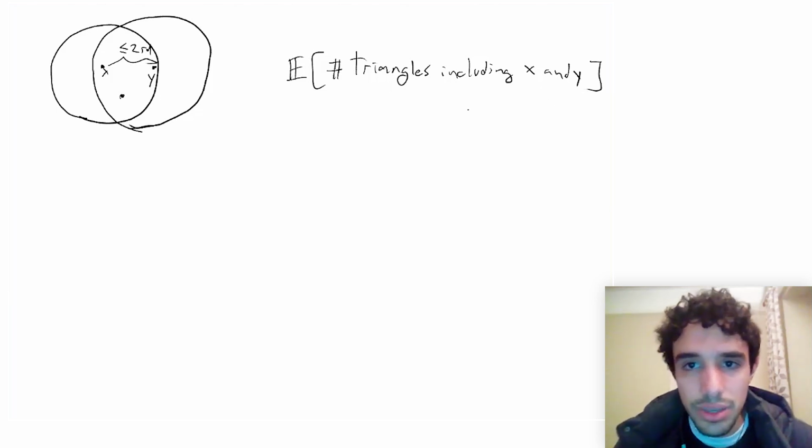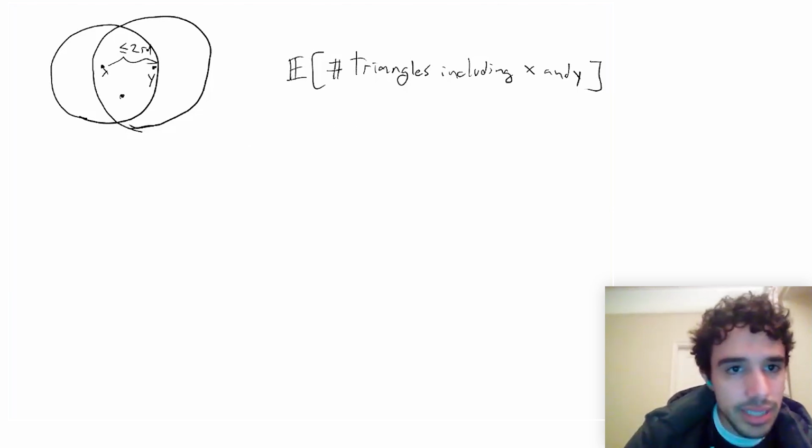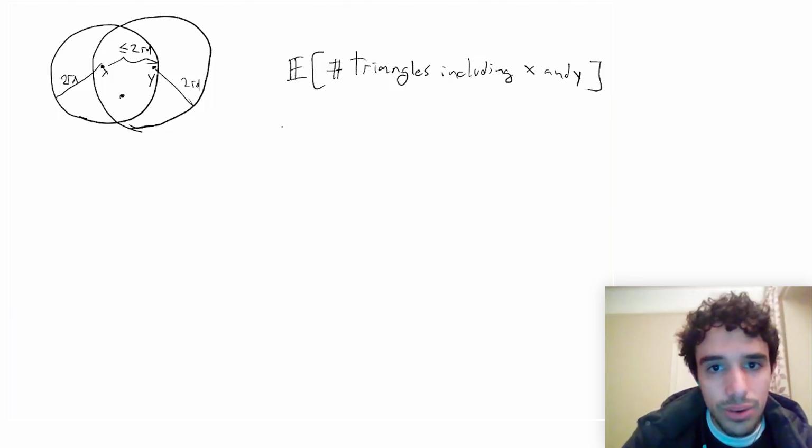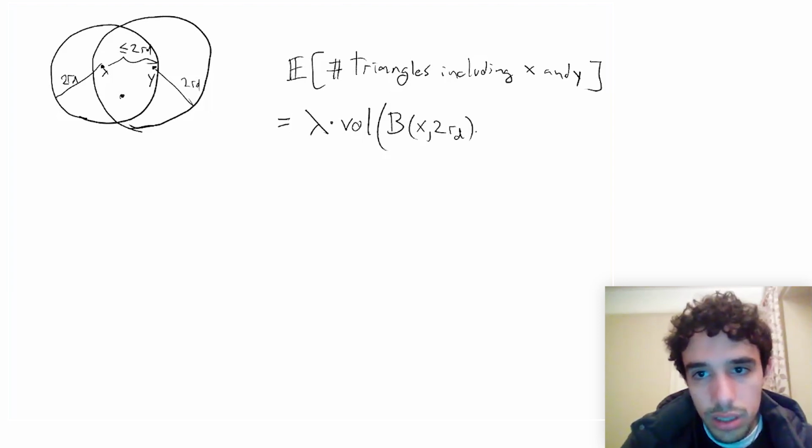And so this is going to basically be the number of points in the intersection of these 2 balls of radius 2rd, let's say radius 2rd. And so this expectation is going to be lambda times the volume of the intersection of the balls around x and y.